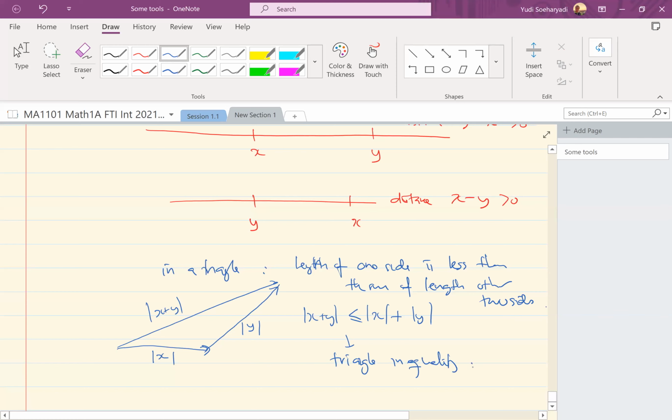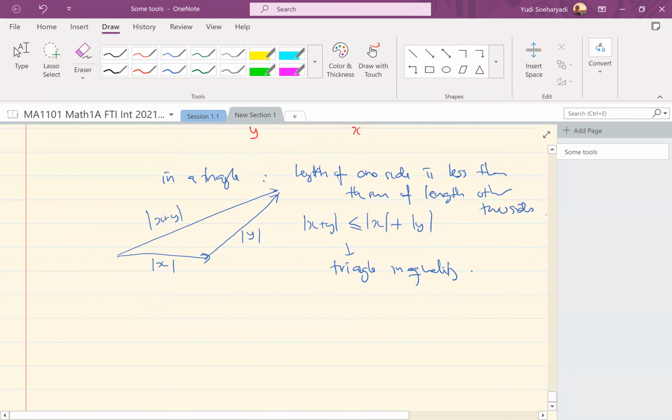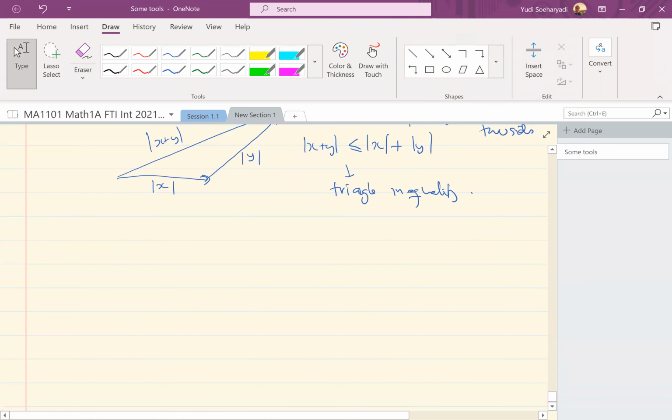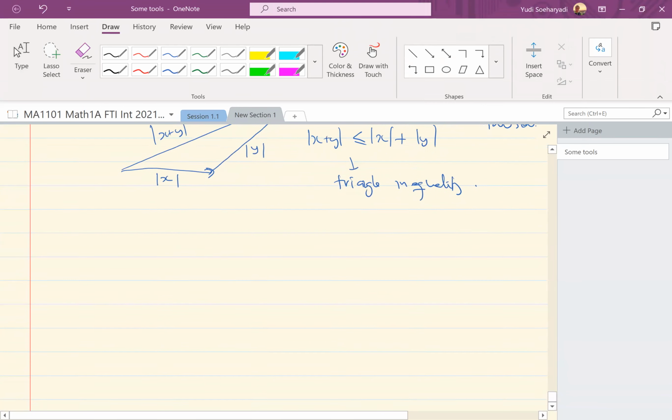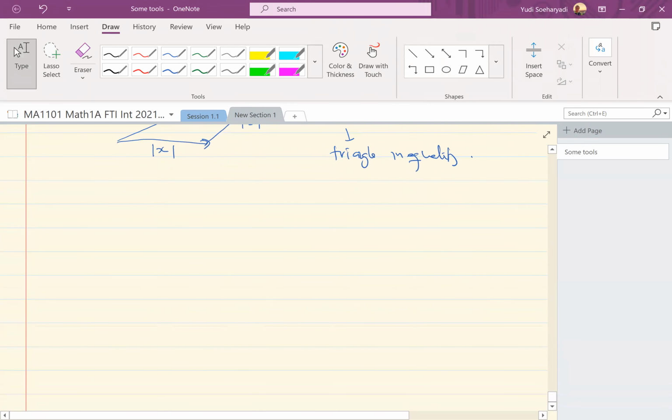The thing with this absolute value is that we will have interpretations like this.